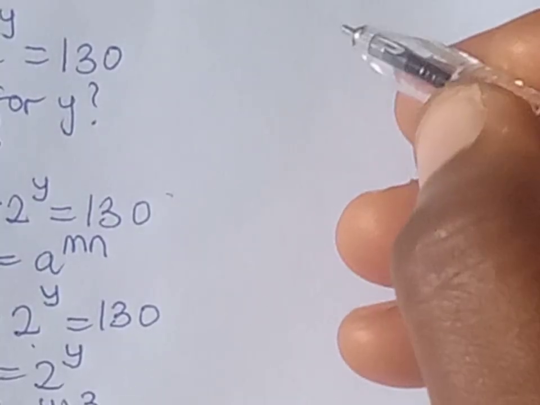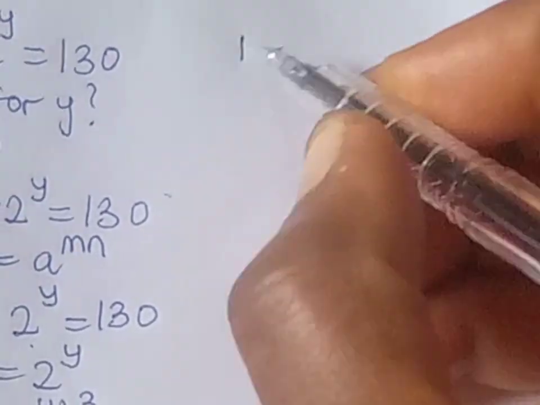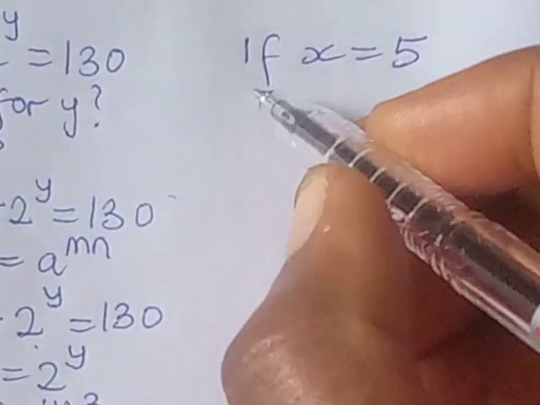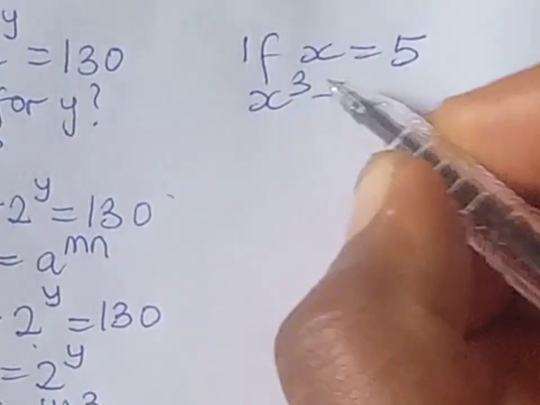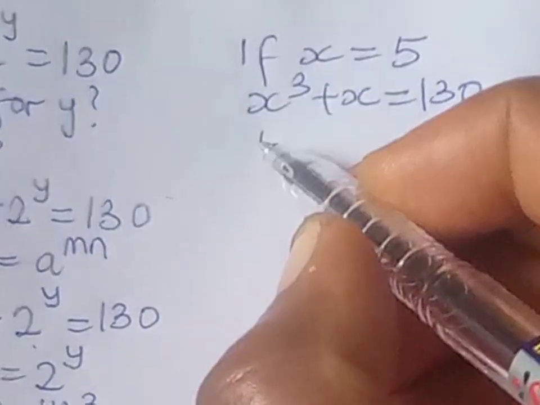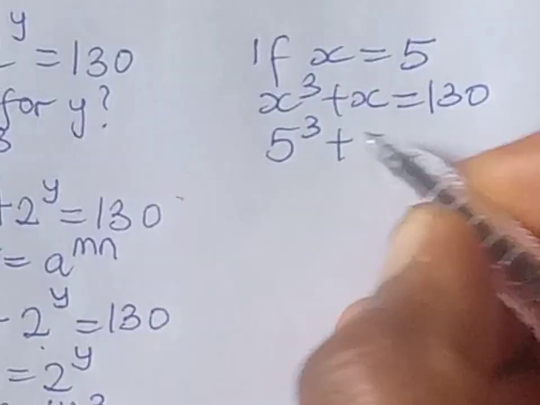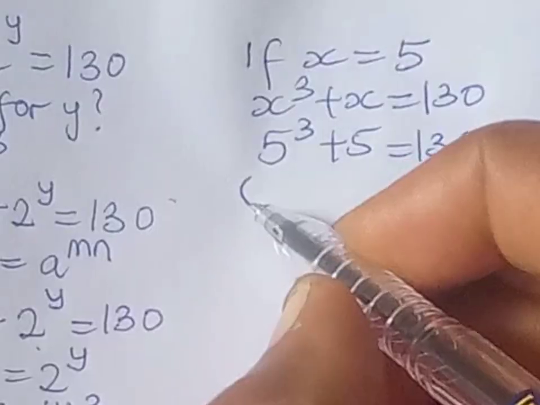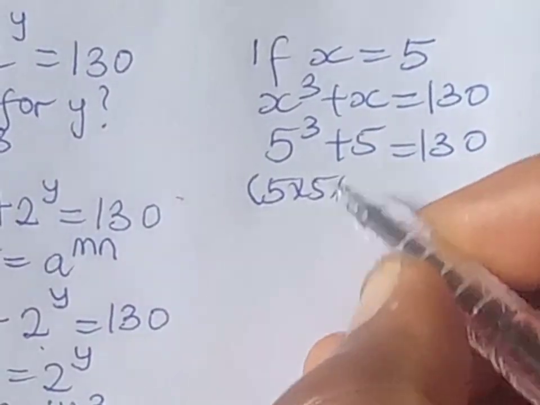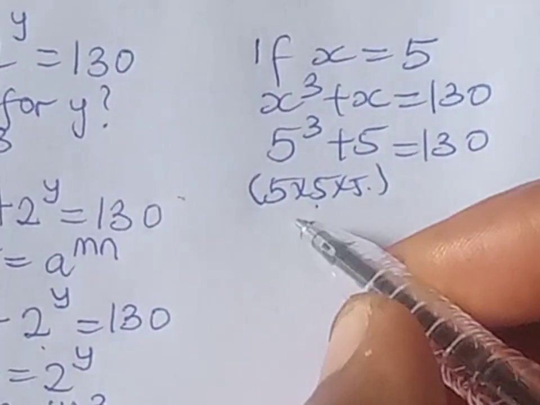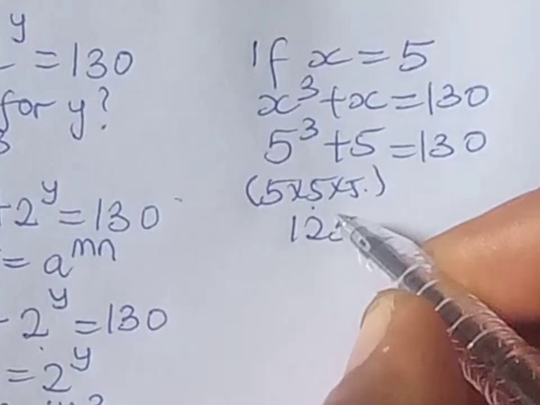Let's try another whole number, if x equals 5. Our equation again, x cubed plus x equals 130. So we have 5 cubed plus 5. 5 cubed is 5 times 5 times 5: 5 times 5 is 25, 25 times 5 gives us 125.